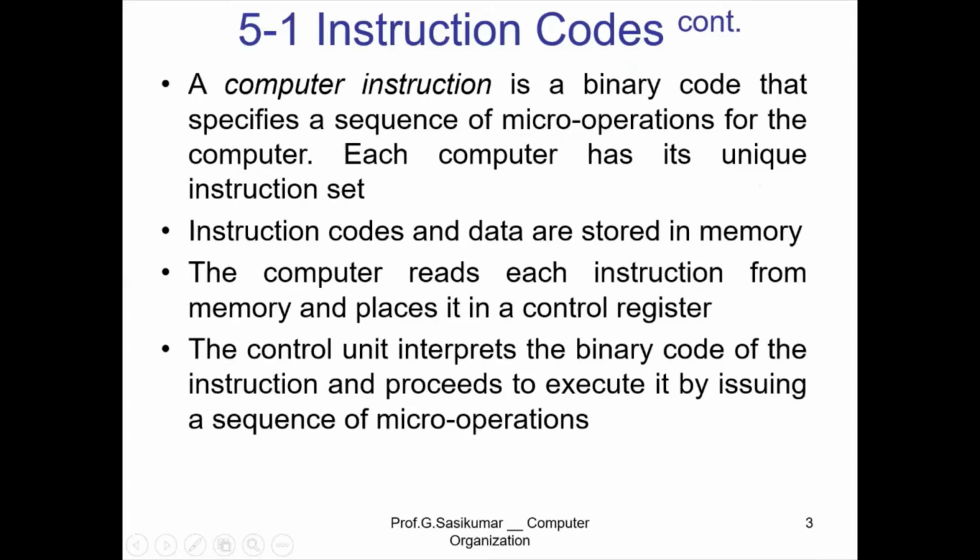The next point: an instruction code is definitely a binary code. It is not a high level language. It is not a human readable format. And each computer has its unique instruction set.